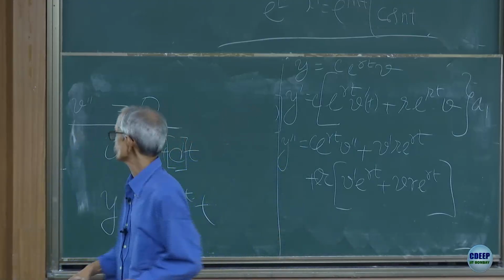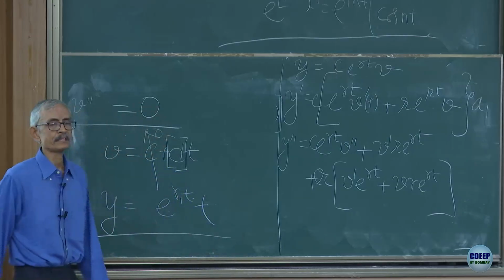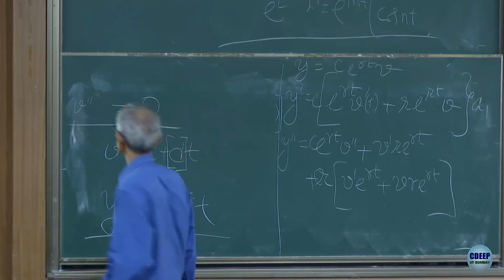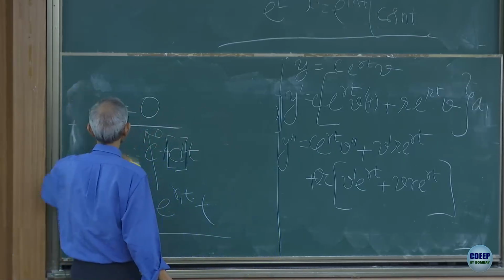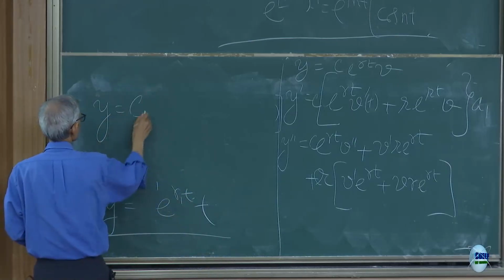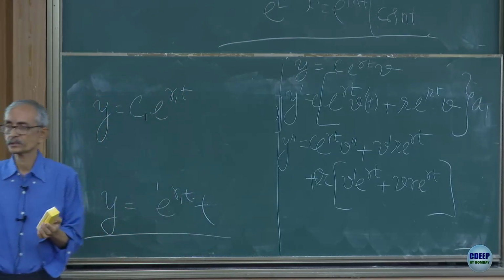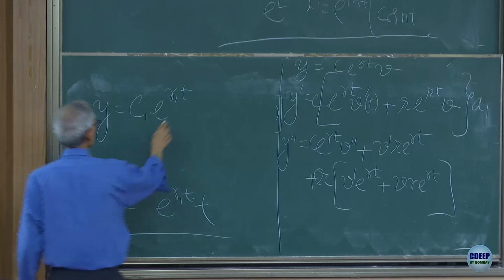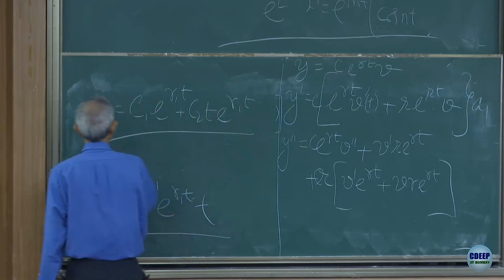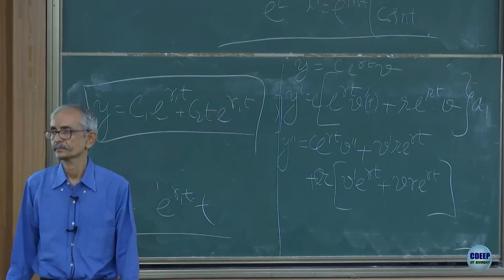So the second root is going to be e to the power of r1t times t, and therefore the final solution is y equal to c1 e to the power of r1t, which was the first solution anyway, plus c2 t e to the power of r1t. So that's my final solution.